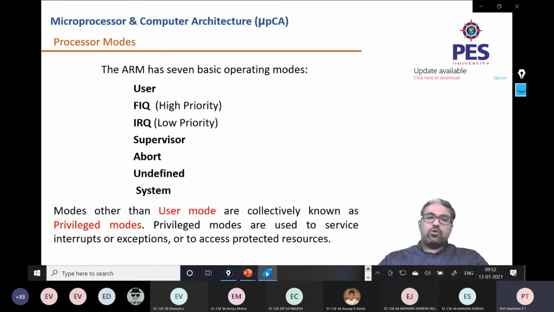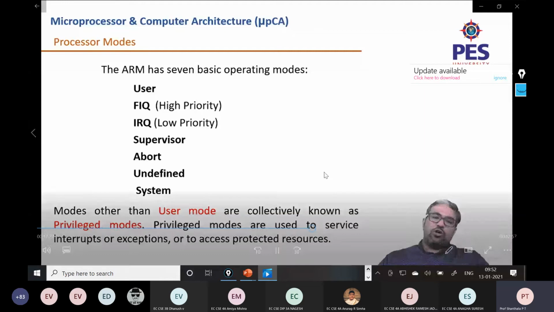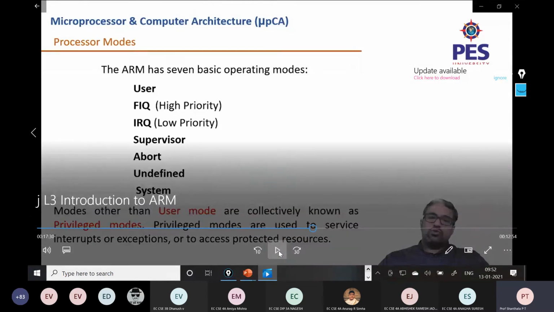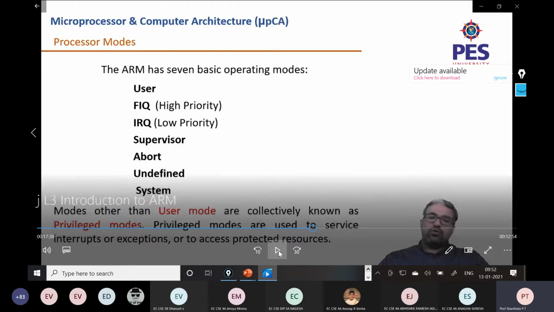Yeah, so coming to the modes, the ARM processor works in 7 different modes. Mode here tells what program is being executed on the processor. Normally, we assume that only the user program executes. See, the processor modes are very important here.